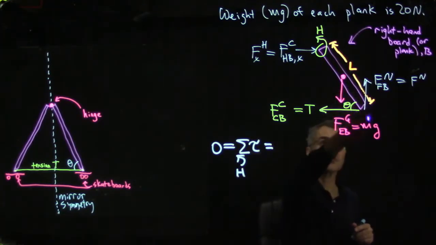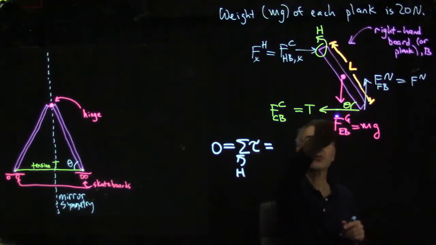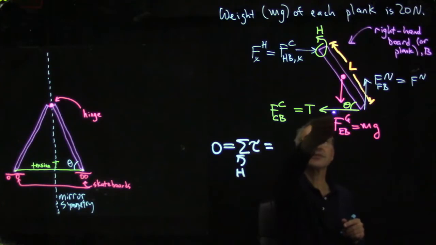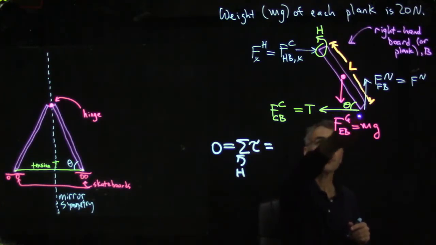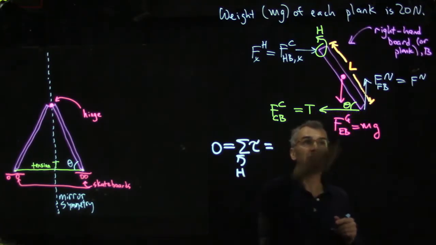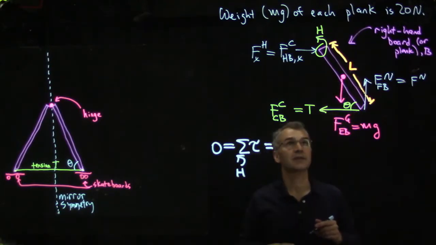Well, the normal force is a vertical force, so we want the horizontal distance from the pivot. The horizontal distance from the pivot to the point of application of the normal force, which could also be said as the horizontal distance from the pivot to the line of action of the normal force, is L cosine theta.